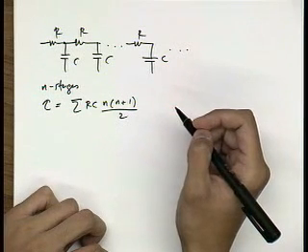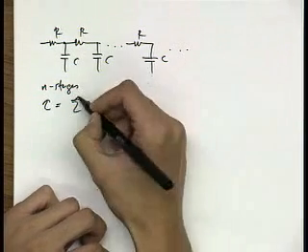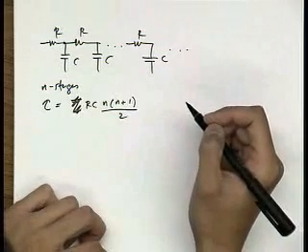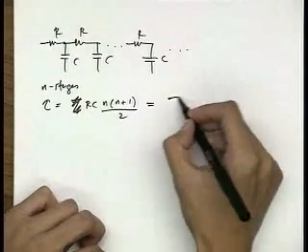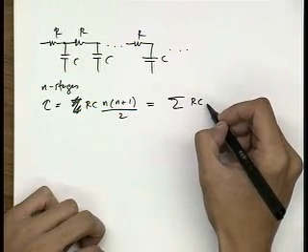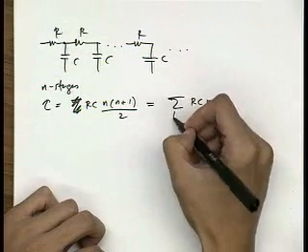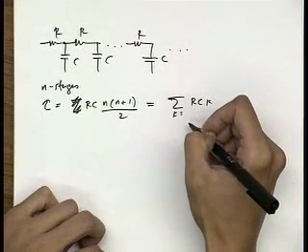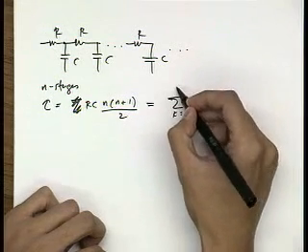This is actually derived from the sum of RC times k, from 0 to n.